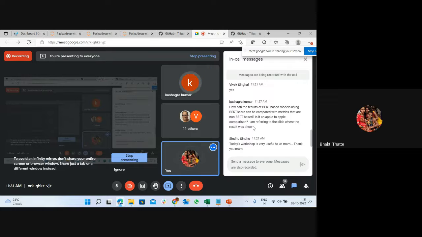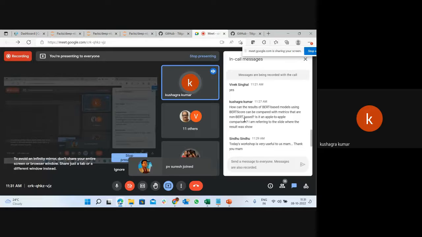Actually, I'm not able to understand this aspect of the BERT score. When you showed a result where BLEU and other metrics were mentioned, they were evaluated on non-BERT based models, and their results were published like F1 score and other scores. Now, BERT score is the only metric that is currently scoring the BERT based model.